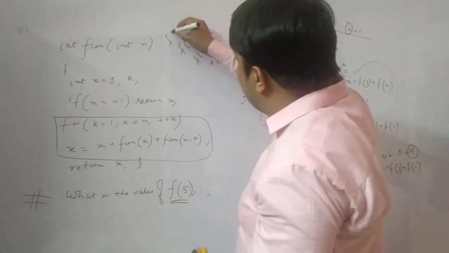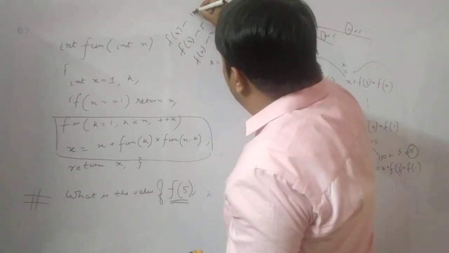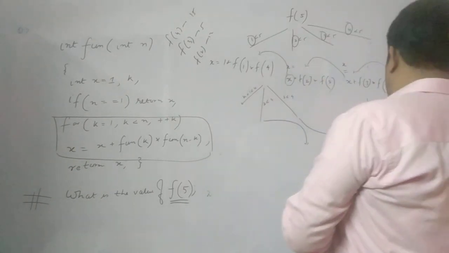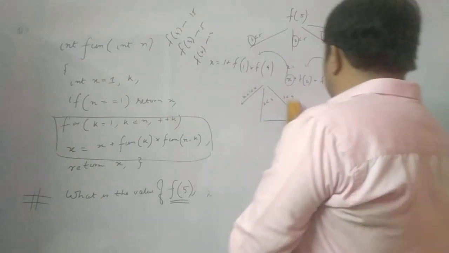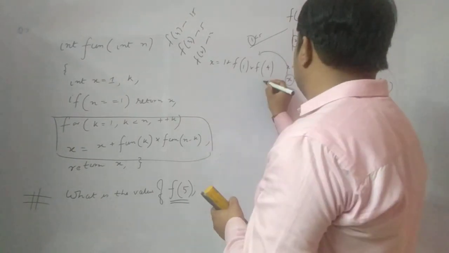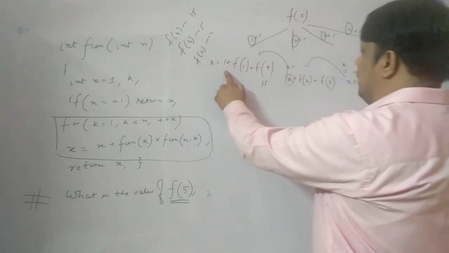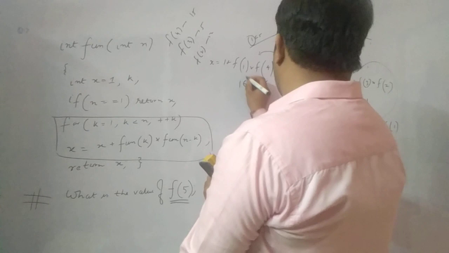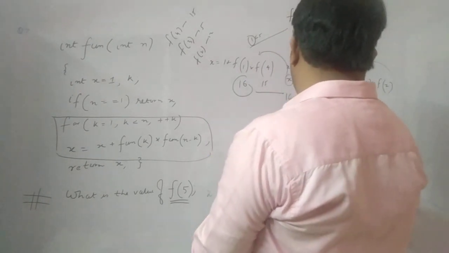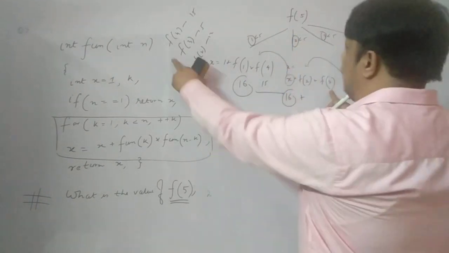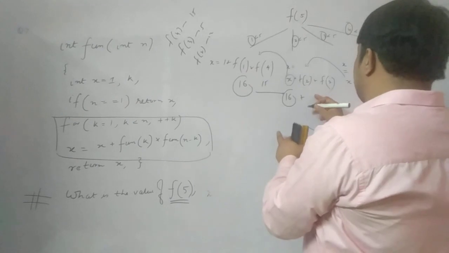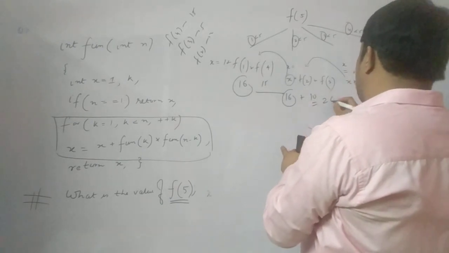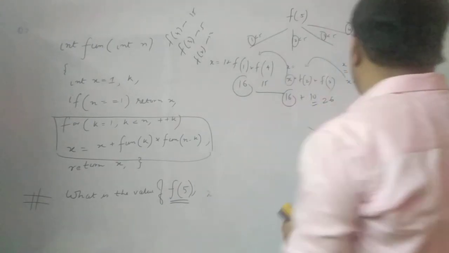So you should know that f4 is returning 15. So here comes your 15 for this. Right. So x is equal to 1 plus f1 into f4, 15, that is 16. So this is 16. Now this x is 16 plus f3 returns what? 5, and f2 returns what? 2. 16 plus 10 is 26.